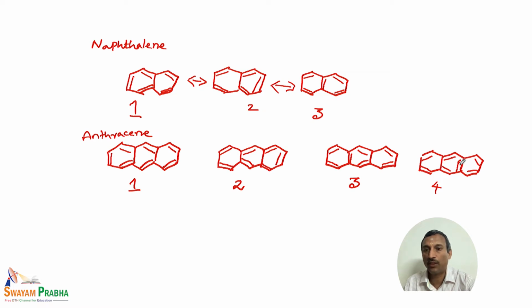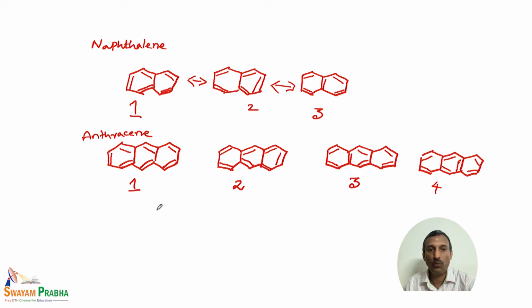This double bond can even be considered for the other ring, that is the outer ring. So when we draw the Fries or the Clar structure, the double bond can be considered for only one of the rings and not for both rings. That way we can also draw the various resonance structures for anthracene.